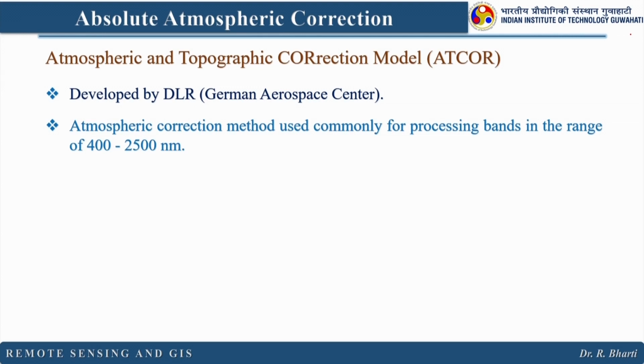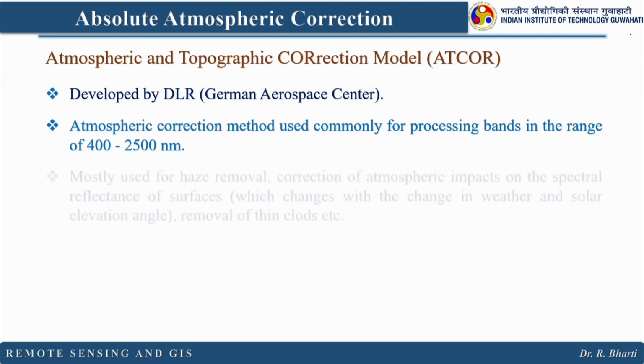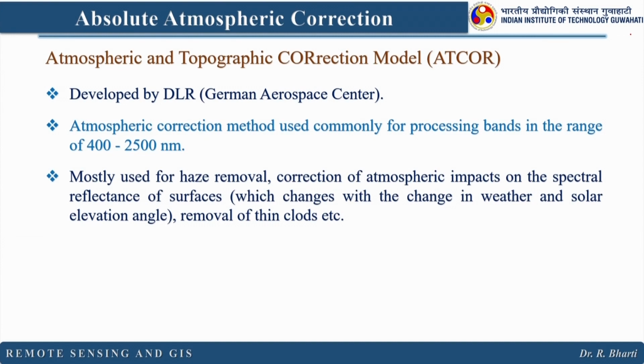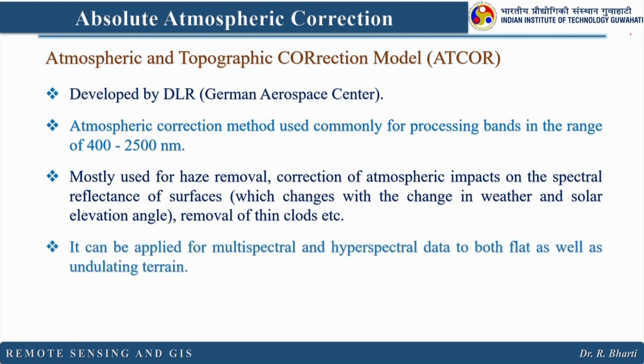Now, here it is 400 to 2500 nanometer. Mostly used for haze removal, correction of atmospheric impacts on the spectral reflectance of the surface and removal of thin clouds, right. It can be applied to multispectral and hyperspectral data for both flat as well as undulating terrain.